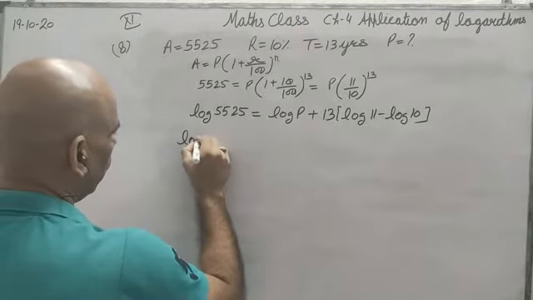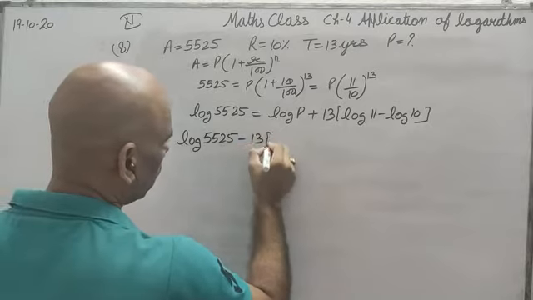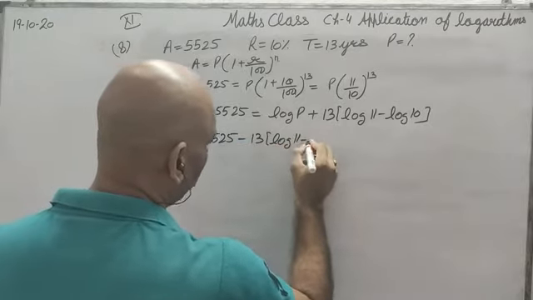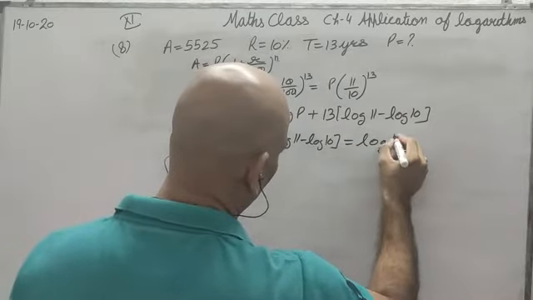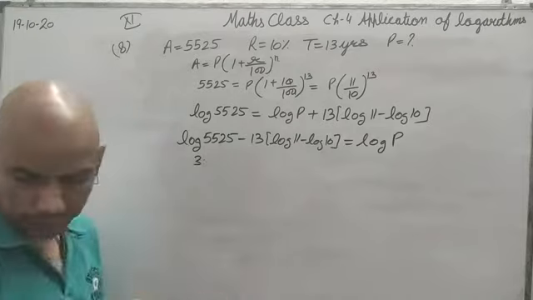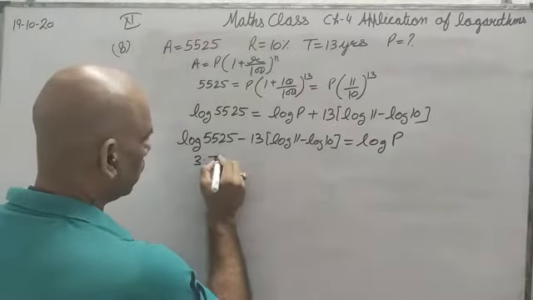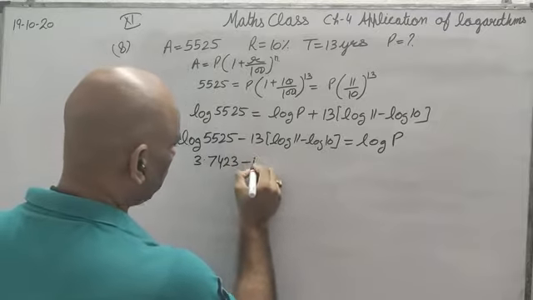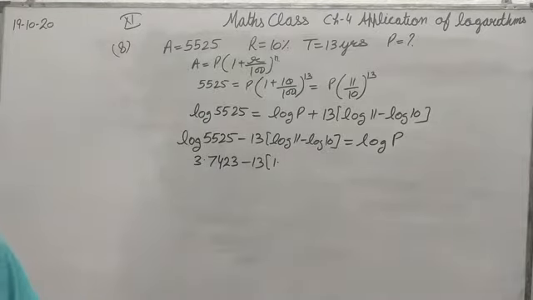I can write log 5525 minus 13 (log 11 minus log 10) is equal to log P. So log 5525 will be 3.7423, minus 13. Log 11 will be 1.0414.